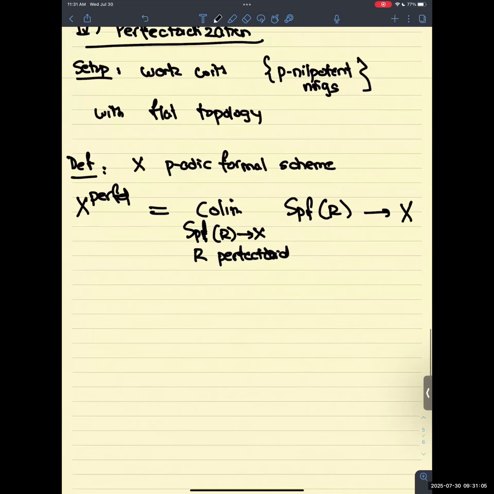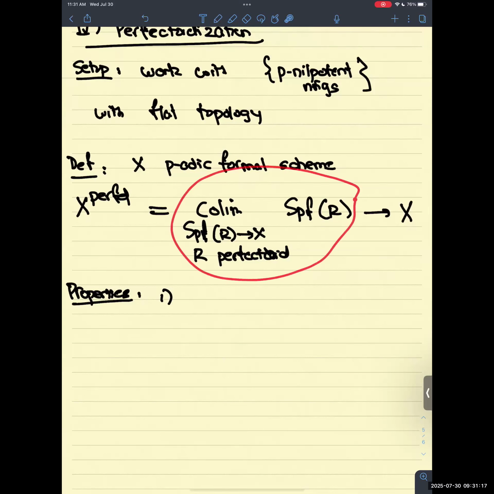What are some properties this object has that make it useful? The first property is that, even though this is some ginormous colimit which a priori you have no control over, it's actually much tamer than that. It's essentially an algebraic space in perfectoids, if you like.